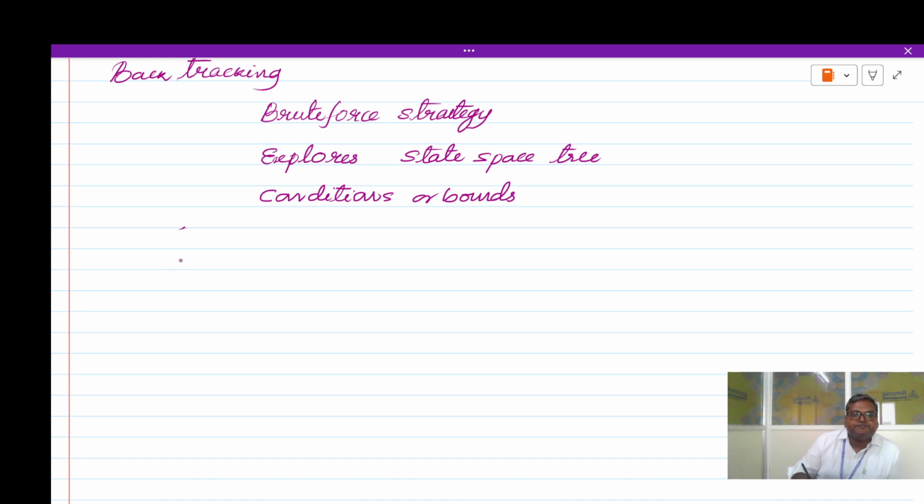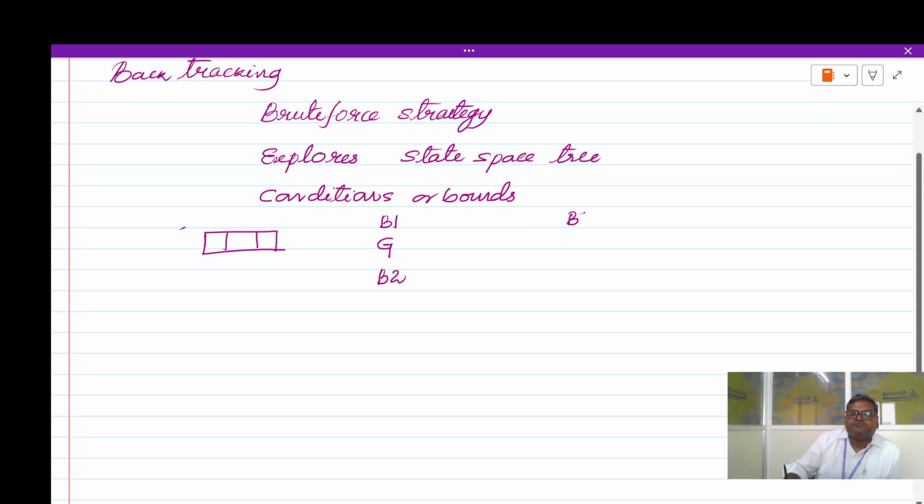Let me give you a simple example. Suppose you have a three-chair bench and you have a boy, let us call him B1, a girl G, and another boy, B2. Now, how many ways can I arrange these? That is a combination, so it goes into factorials.